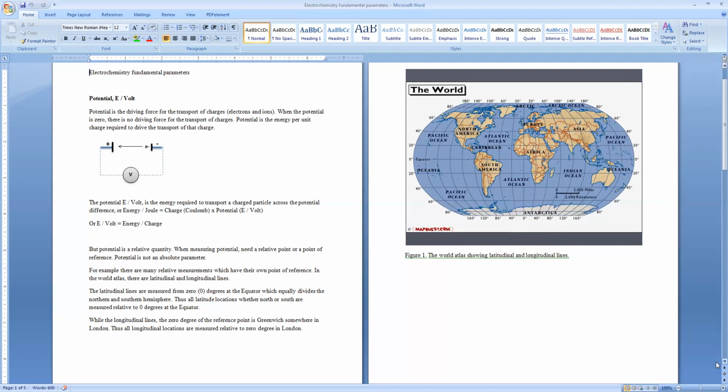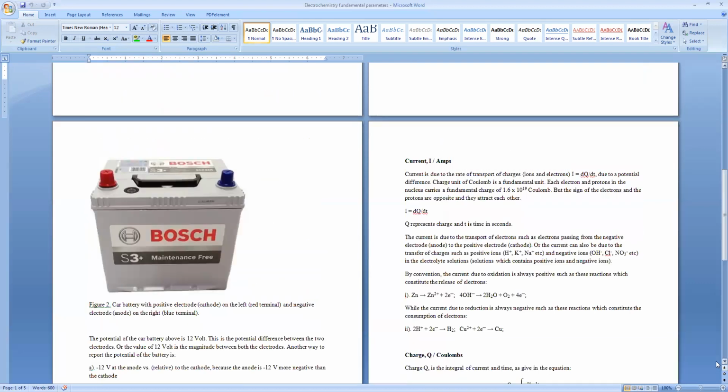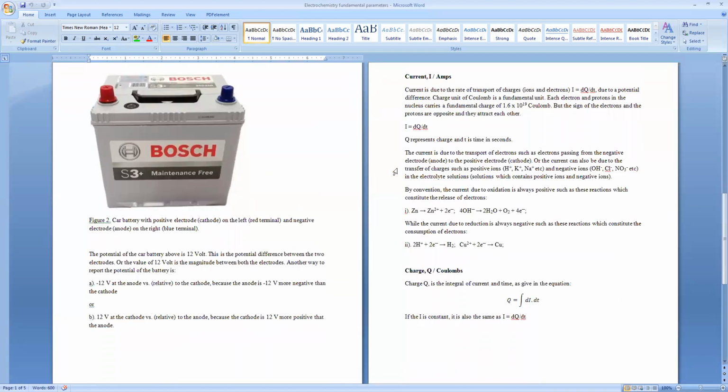The same thing applies to batteries. For example, you measure a battery. This is a lead acid battery, a car battery, with the positive electrode, or the cathode, on the left, and the negative electrode on the right. You have the blue terminal and the red terminal.